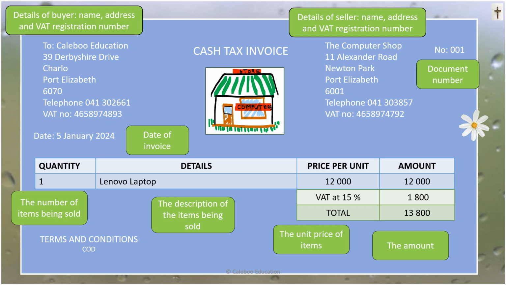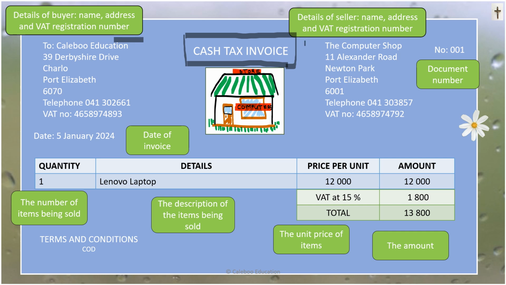The difference between the invoice I already explained, that was a credit invoice, so there would have been terms. This here is now if the transaction took place and cash was paid. So we're looking at a cash tax invoice.